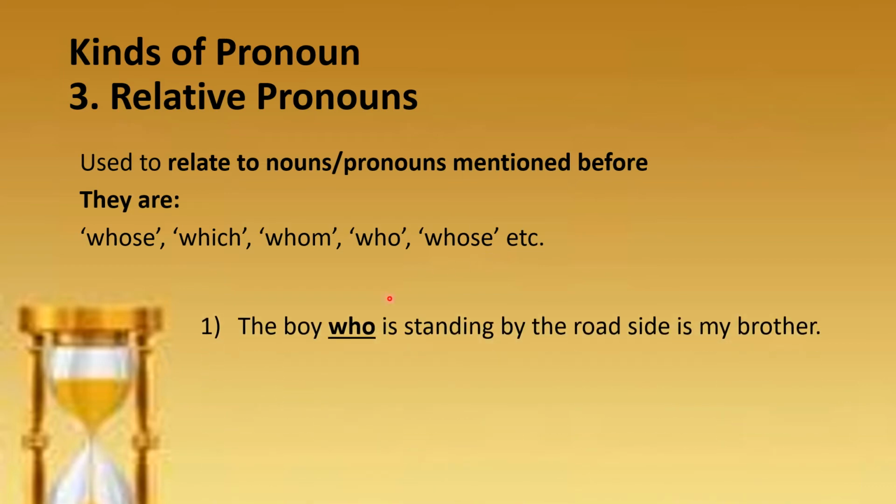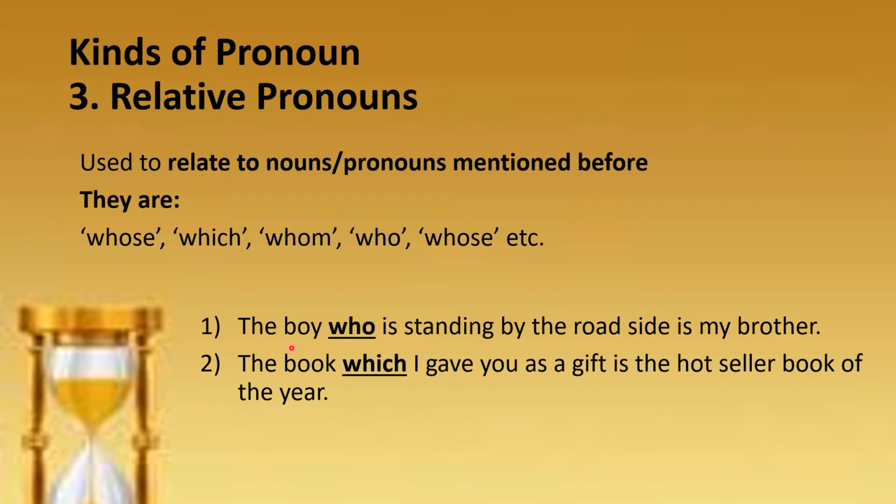Look at the example. The boy who is standing by the roadside is my brother. Here, who is a relative pronoun because it is used to relate to the noun, which is the boy. See the second example. The book which I gave you as a gift is the hot seller book of the year.